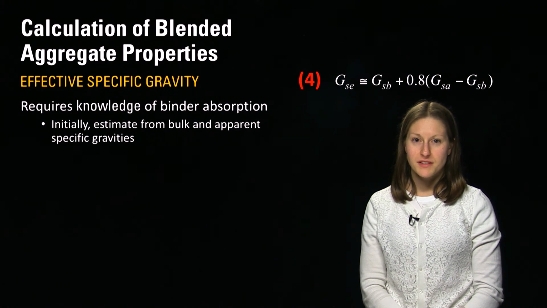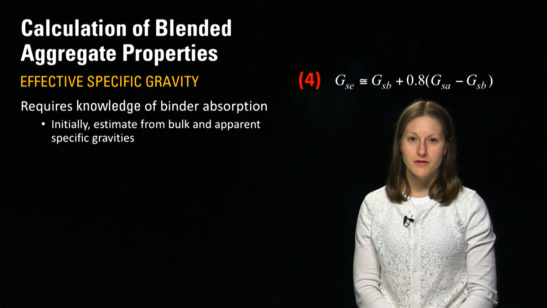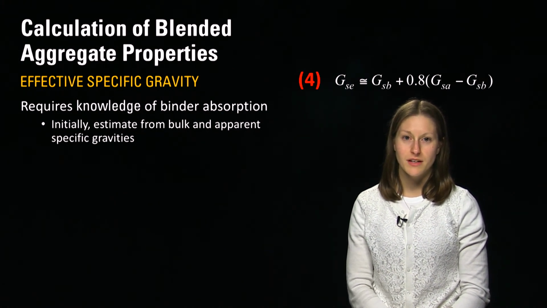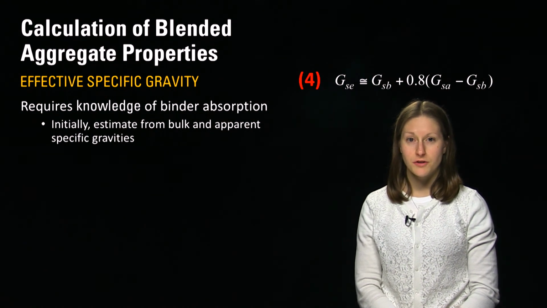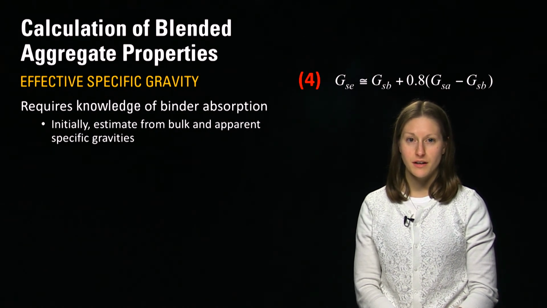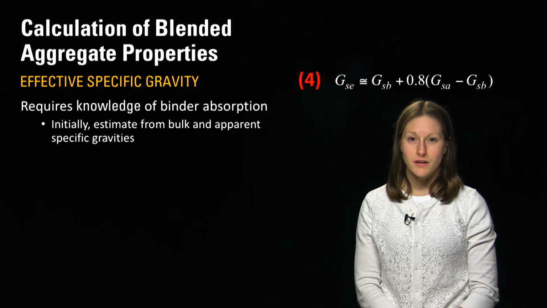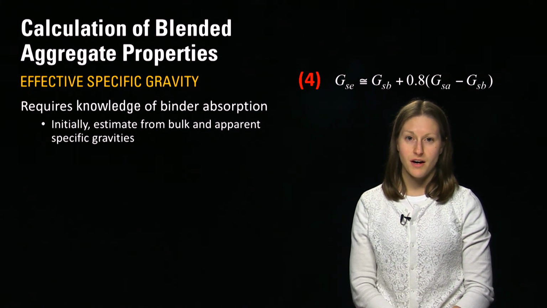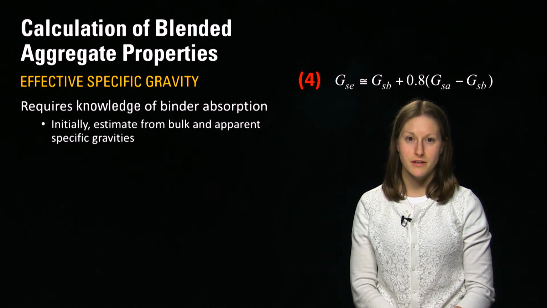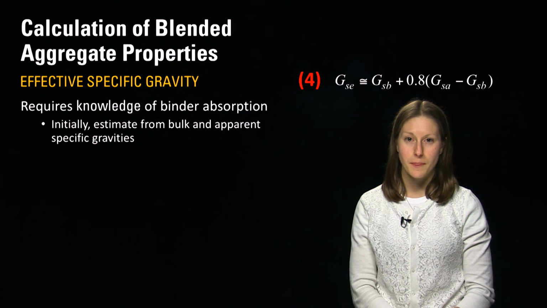Determining the effective specific gravity of aggregates requires knowledge of how binder absorbs into the aggregate particles. This is a function of both the asphalt binder you're using and your aggregates. Therefore, at this stage in the mix design process, we simply estimate our effective specific gravity based on our apparent and bulk specific gravities for our aggregate blend.